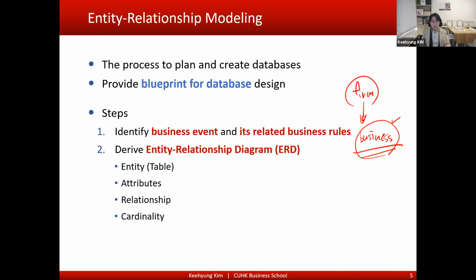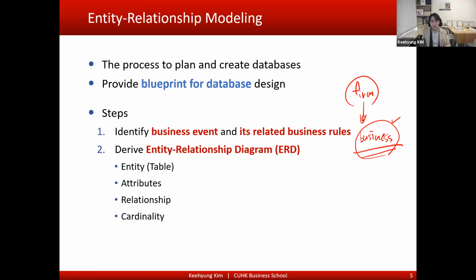And attributes. Last time we talked about this, right? Each table in the database system has columns and rows. A row is a record and a column is a field or attribute. So for each entity you have to define what kind of attributes, what kind of detailed information you want to store. That's the second one.